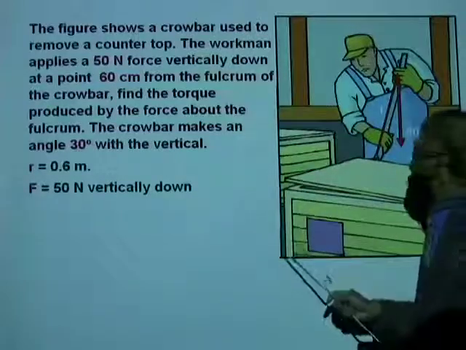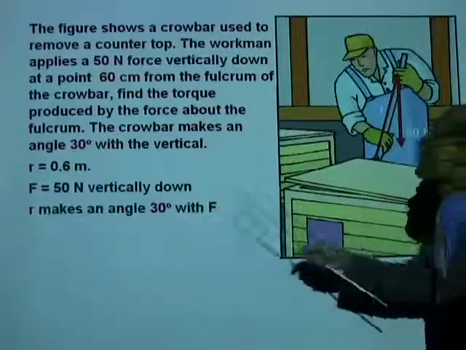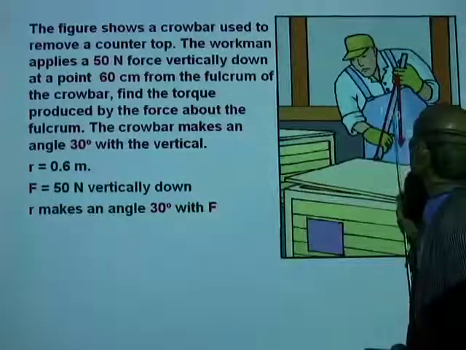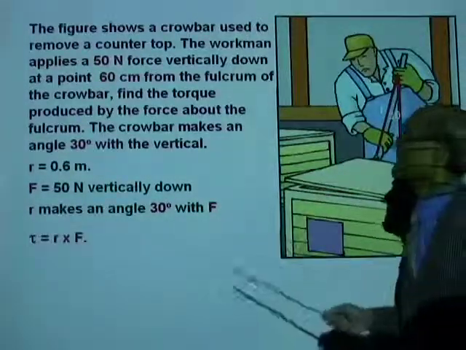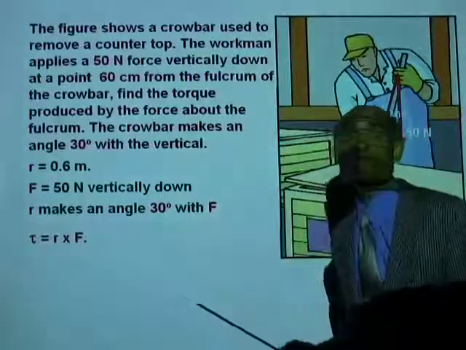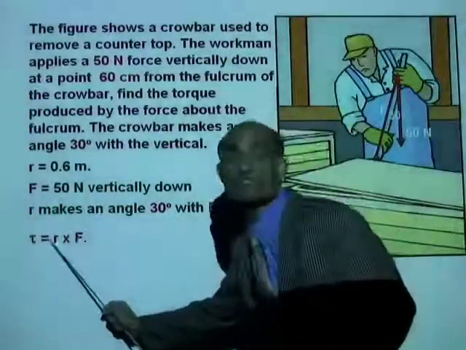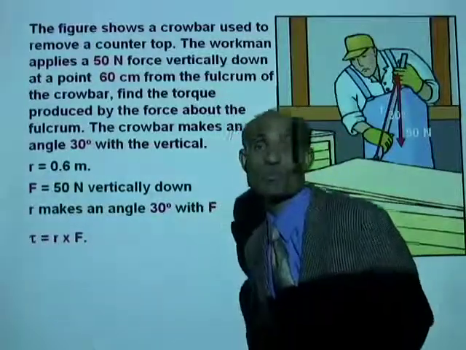What is the angle? The angle R makes with F is 30 degrees. Now, tau equal to R cross F. And what is the magnitude of this cross product?